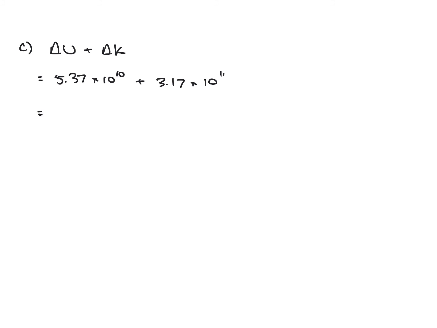This will end up being 3.71 times 10 to the 11 joules. Okay, so that's the answer to C. If I didn't make a mistake, I did mental math there. Part D.